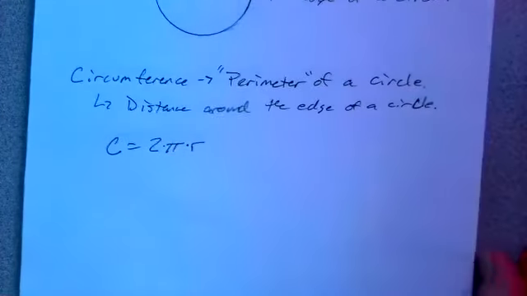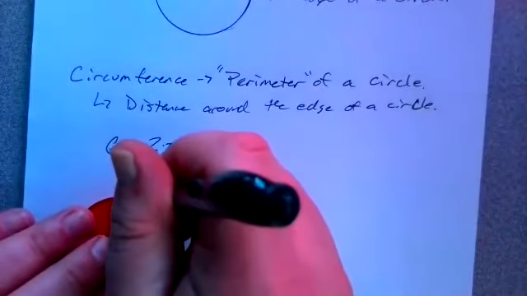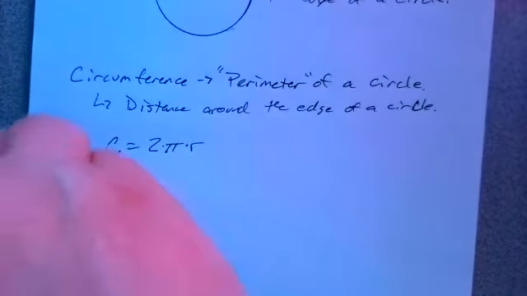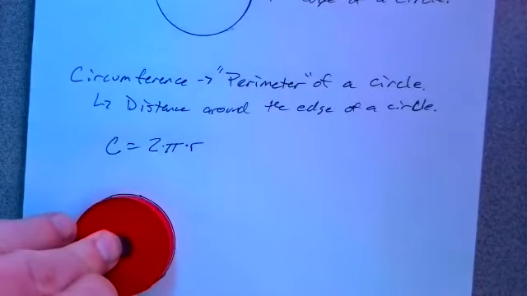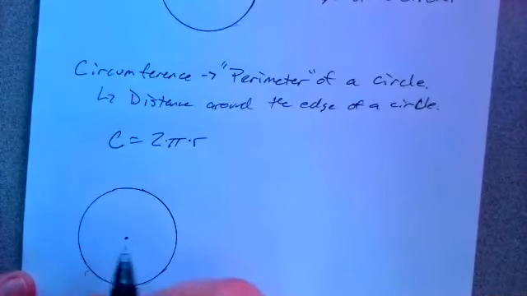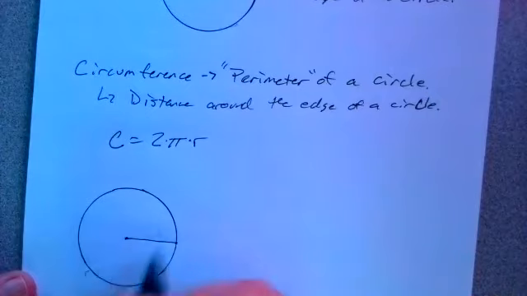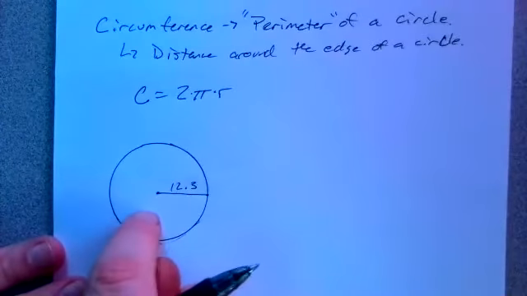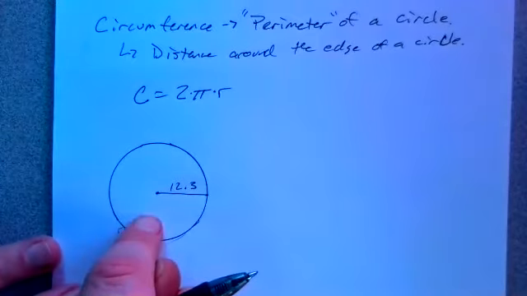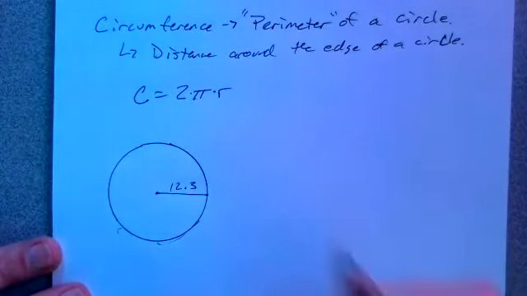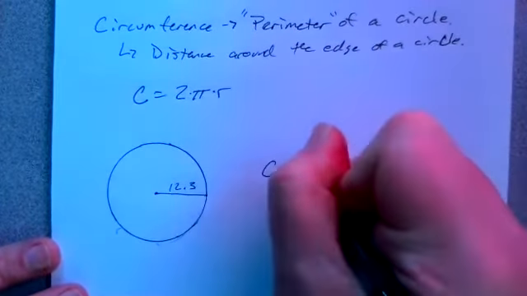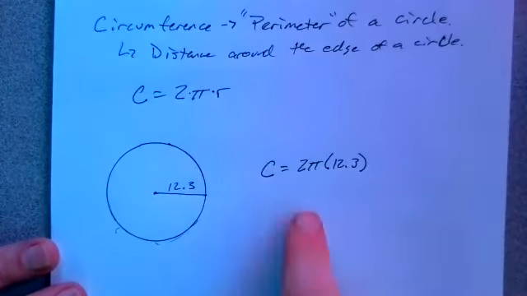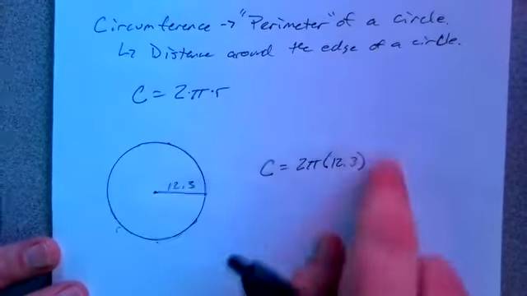So let's do an example here. Let's say the radius is 12.3. So let's find the circumference of this circle with a radius of 12.3. I'm going to write circumference equals 2 pi times 12.3, and then I'm going to plug that in my calculator and see what I get back.